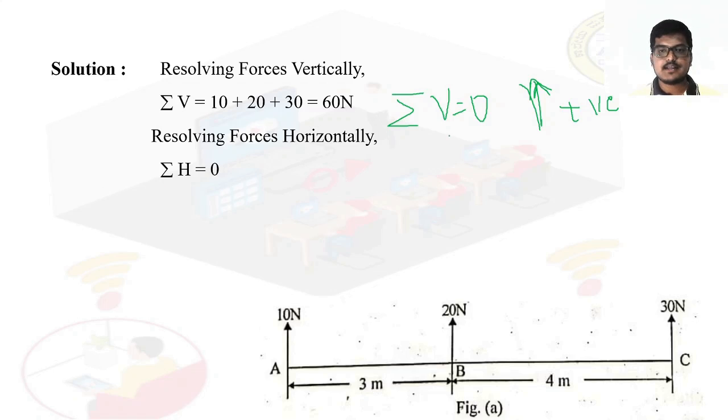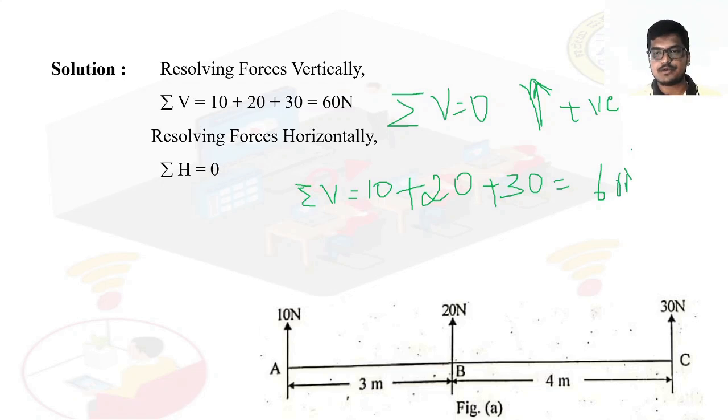So 10 Newton is upward, positive 10, plus 20 Newton, plus 30 Newton. Any other forces on this ABC? No. Here we will directly find the summation of vertical force: 10 plus 20 plus 30 is equal to 60 Newton.